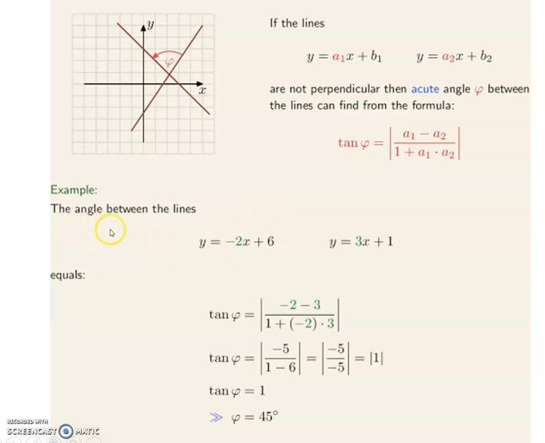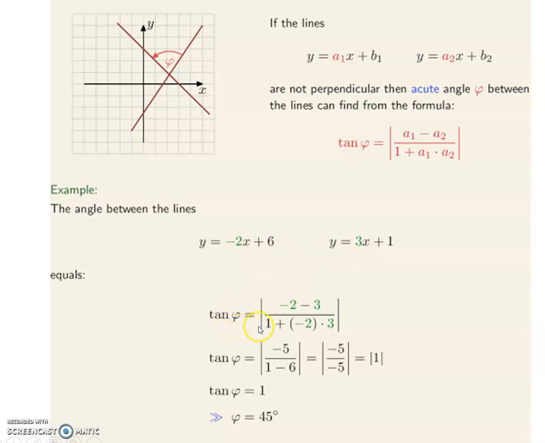Find the angle between the lines y is equal to minus 2x plus 6 and y is equal to 3x plus 1. Here a1 is equal to minus 2 and a2 is equal to 3. We have to put the values.